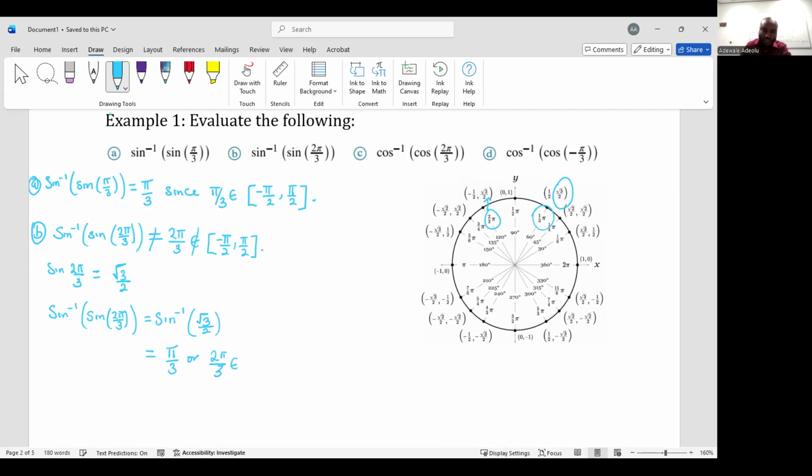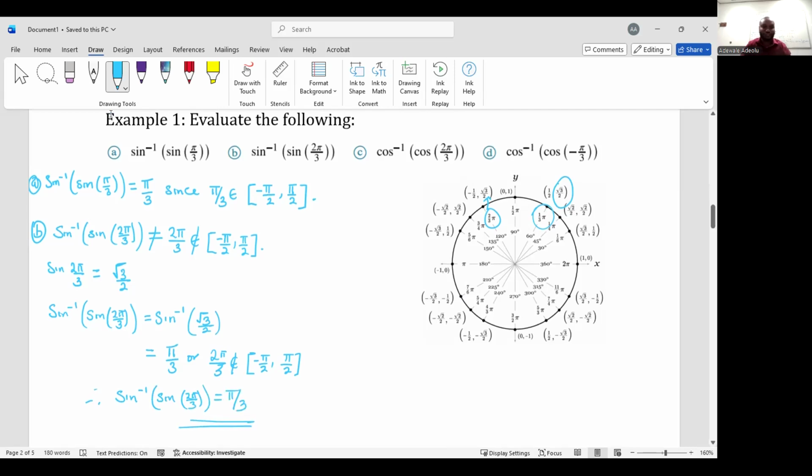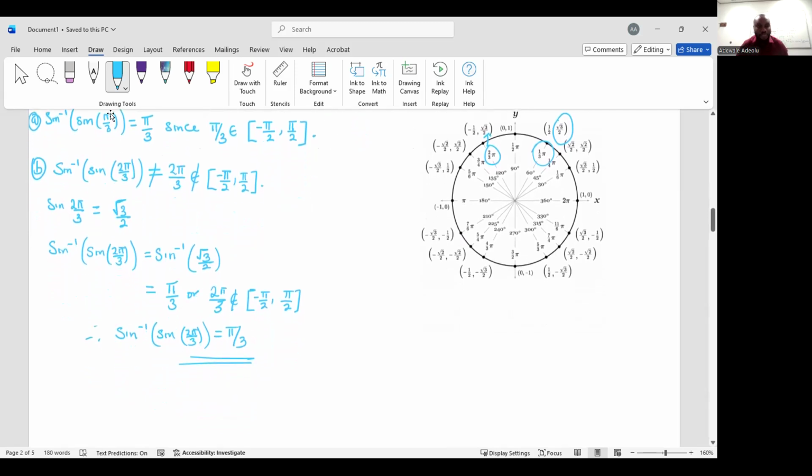However, 2 pi over 3 does not belong to negative pi over 2, comma pi over 2, as we claimed earlier. Therefore, our answer is pi over 3. So, that is that.